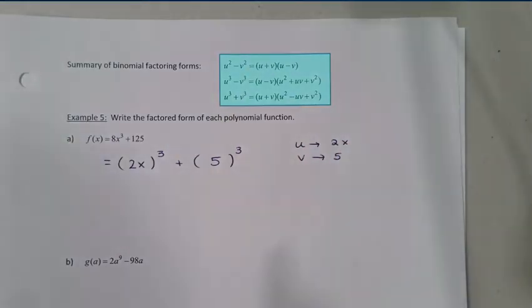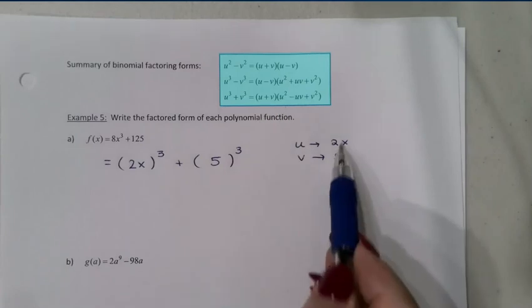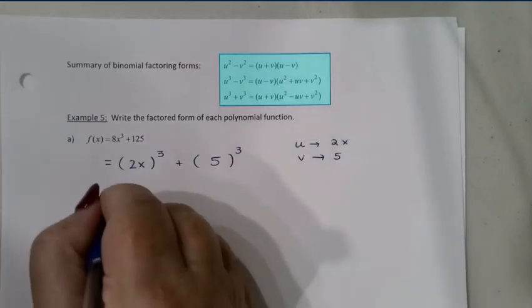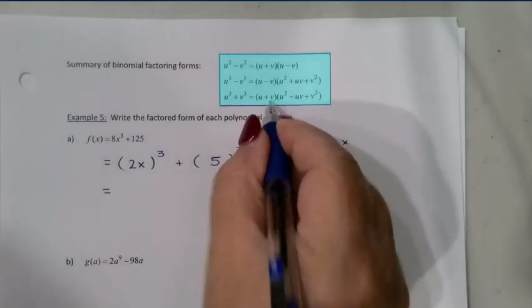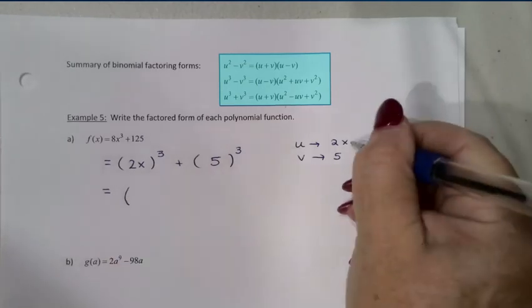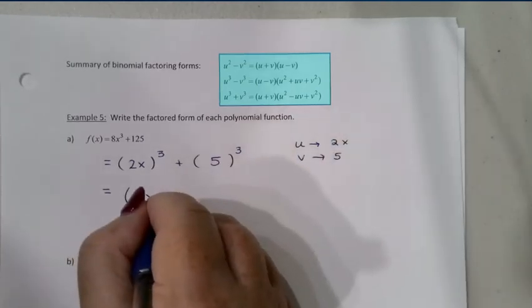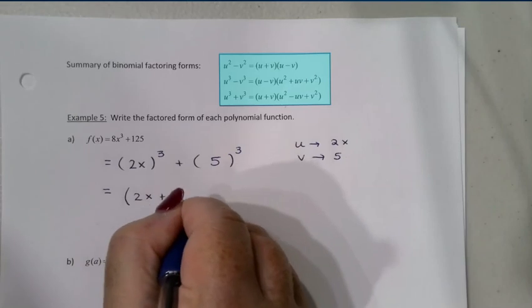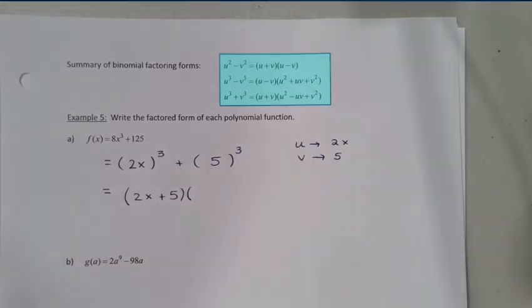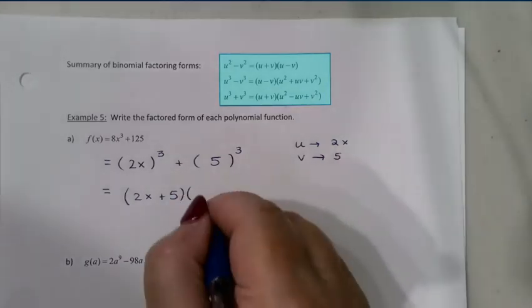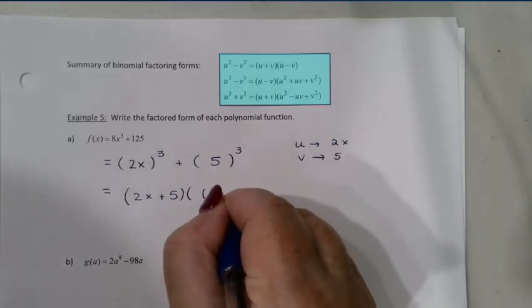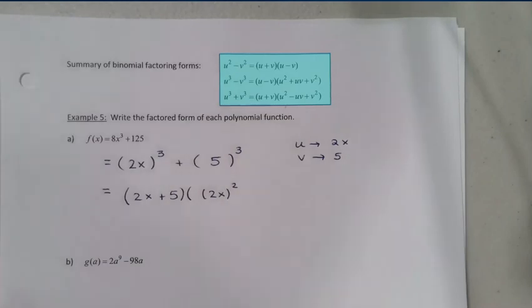Okay. So now all I'm going to do is use my formula and make those replacements. So I start with u plus v, 2x plus 5. In the next parentheses, I have u squared. So that's really the whole 2x being squared.